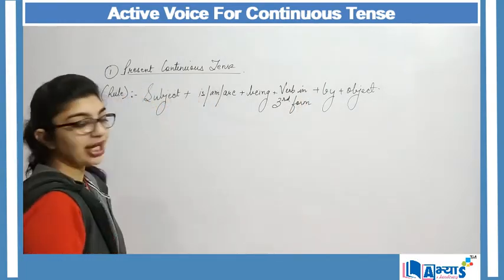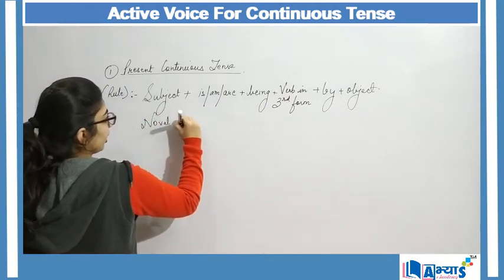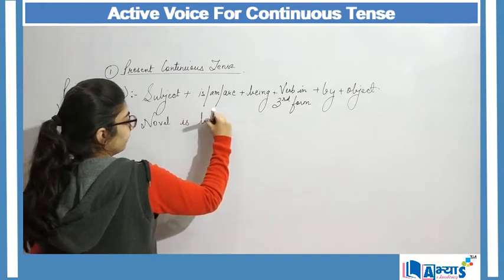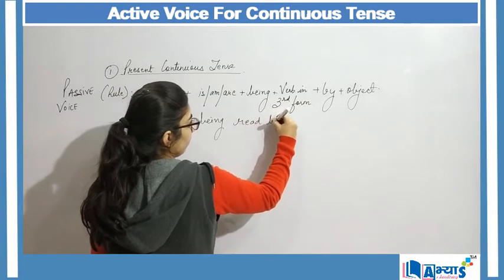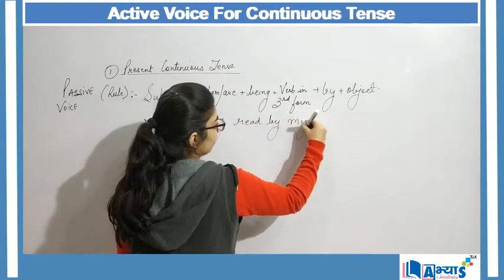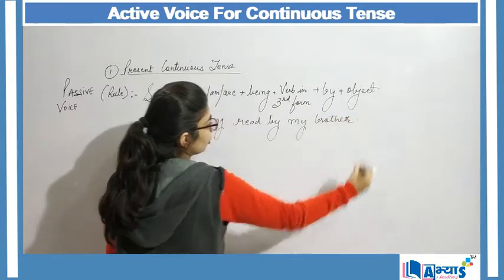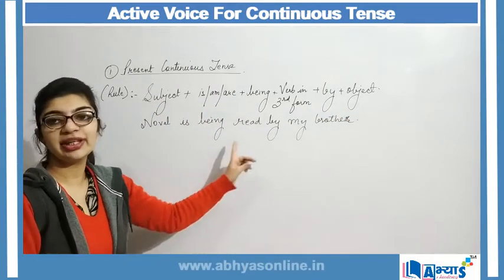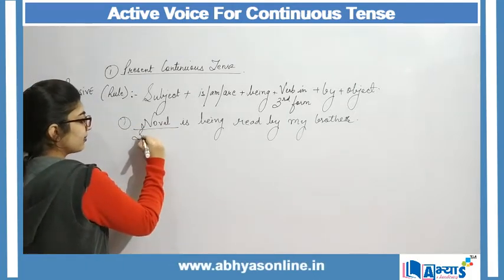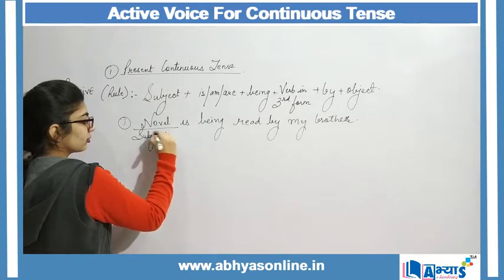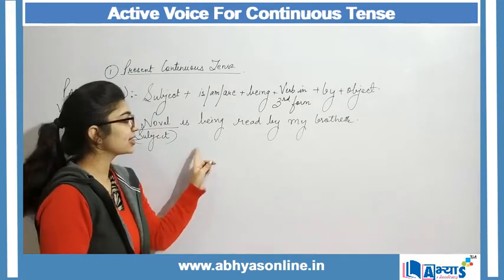So example can be, novel is being read by my brother. So I say novel is being read by my brother. Here novel is my subject. Because novel is singular, therefore I am using is.